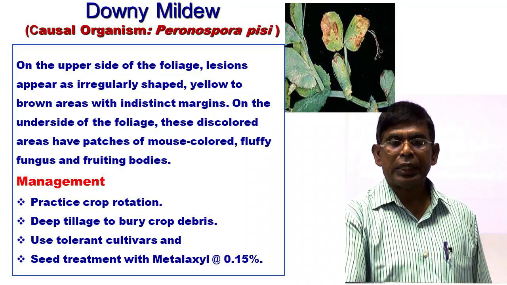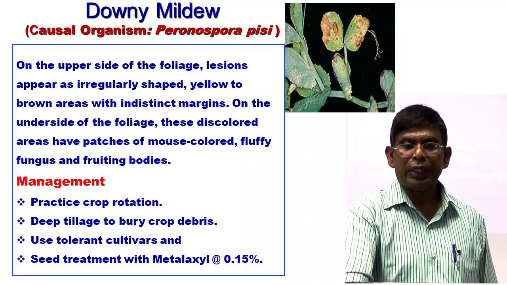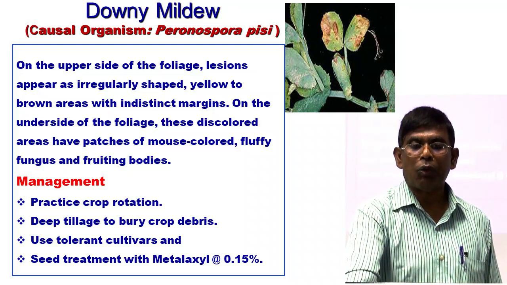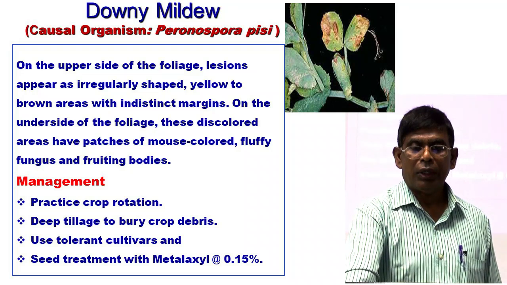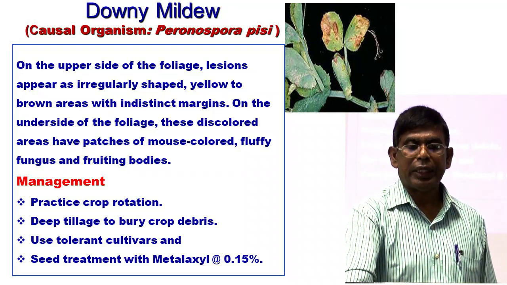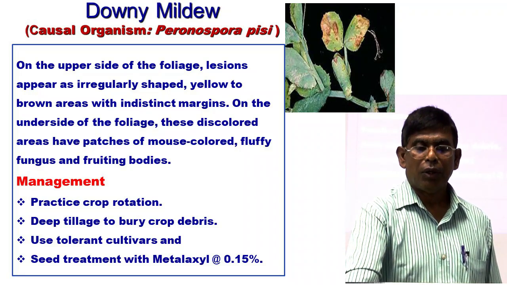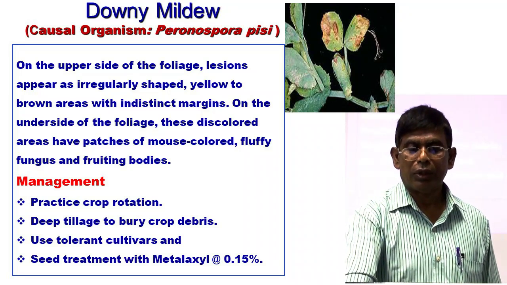Then the second one is downy mildew. On the upper side of the foliage, lesions appear as irregularly shaped yellow to brown patches with indistinct margins. On the underside of the foliage, these discolored areas have patches of mouse-colored fluffy fungus and fruiting bodies.